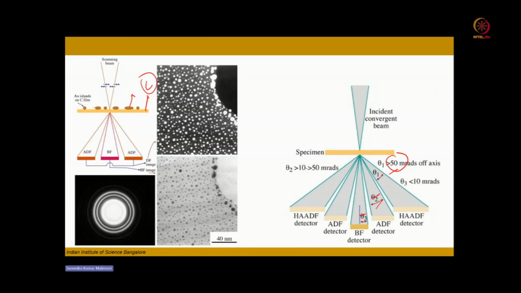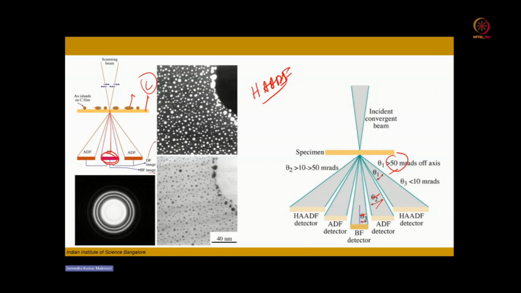So based on this, what we call is a HAADF, which is a high angle annular dark field detector. Here you can see that if your electron beam transmits and you put a bright field detector here, which collects the transmitted beam, then that is called a bright field image, a bright field STEM image.